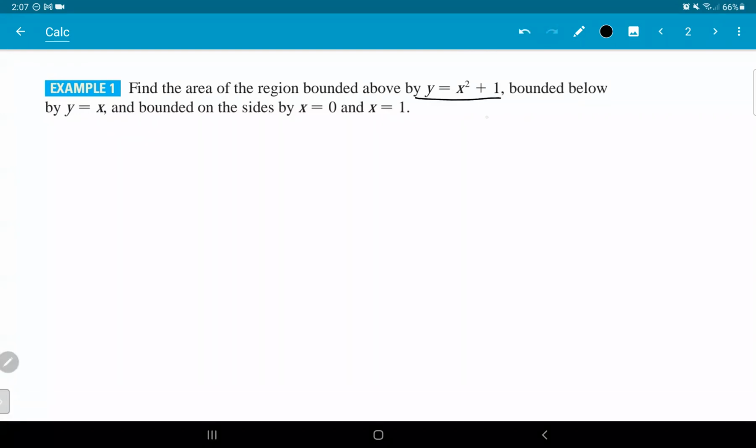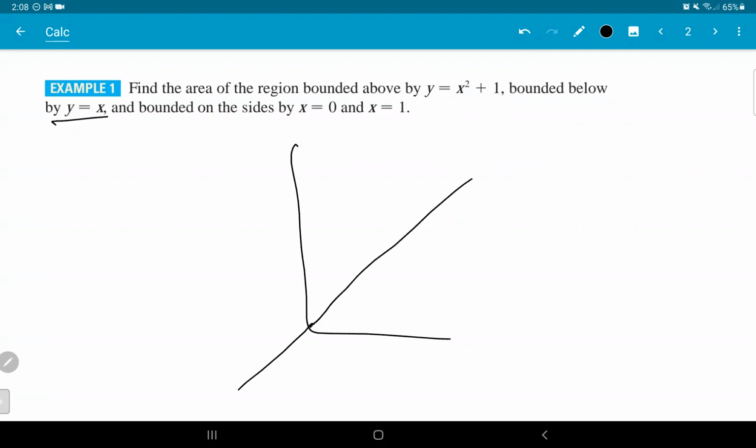this is just a parabola, the translation of the parabola y equals x squared. You move this 1 unit upwards, you get the graph of this one. And then this is, of course, y equals x, the line that makes 45 degrees with the axis. Let me show it to you.